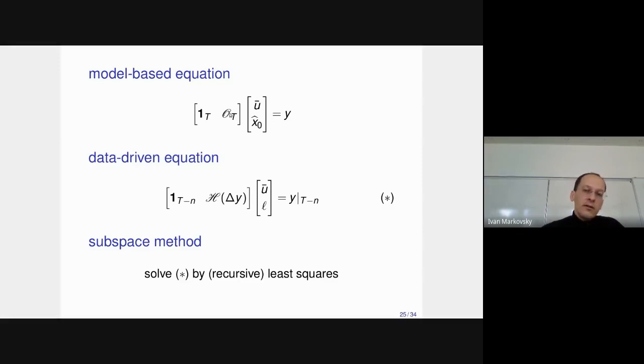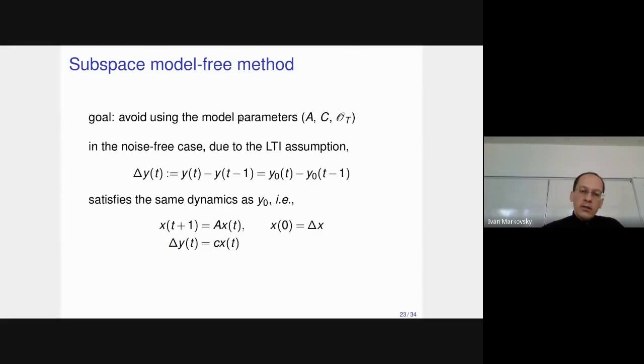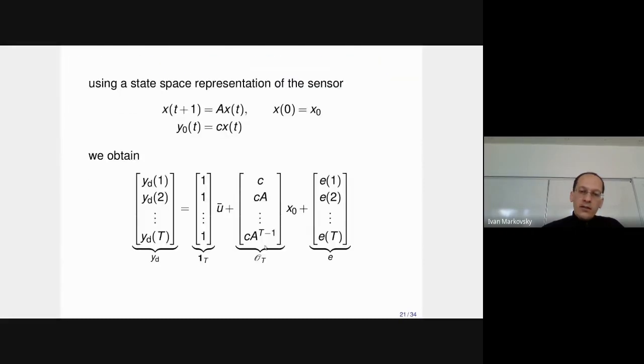Why is it difficult? It's difficult because it enters in a very structured way in the regressor matrix. The O matrix, to remind you, is this matrix which involves parameters C and A, but A is powered. It goes to 0, first, second, and so on powers. It's multiplied by C. So if you have the standard setup of stochastic uncertainty, even if this uncertainty is Gaussian, because of the nonlinear transformation of the parameters, this Gaussianity will not be satisfied anymore.